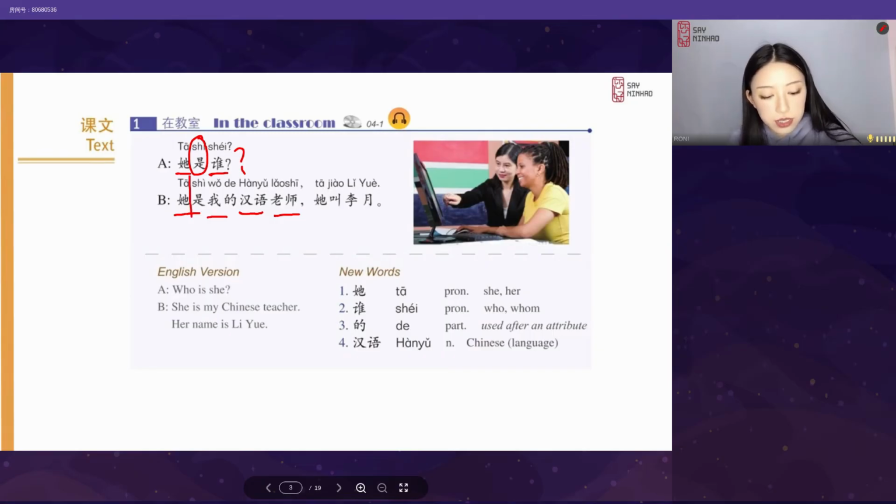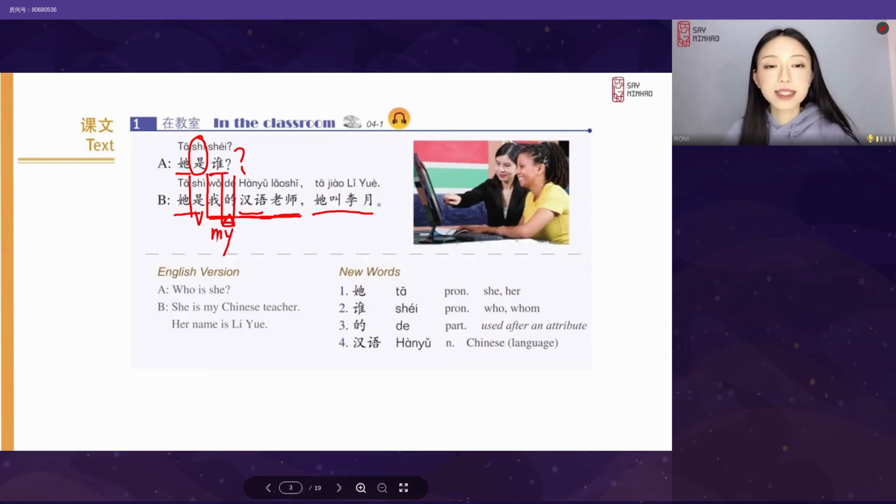So here first, the subject is 她 she, and the verb is 是 means to be, and 我的汉语老师 is the object. 我 means me and I, and 我的, we just learned, means something or someone belongs to something or someone. So 我的 means my, and 汉语老师 is Chinese teacher, okay, Chinese teacher.